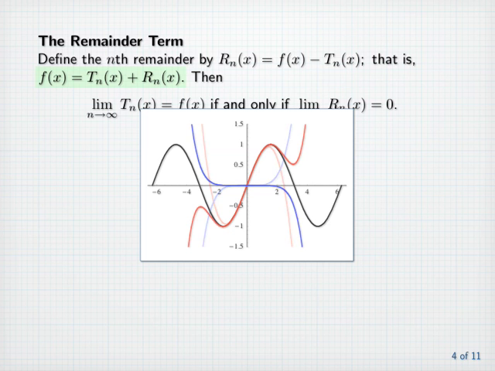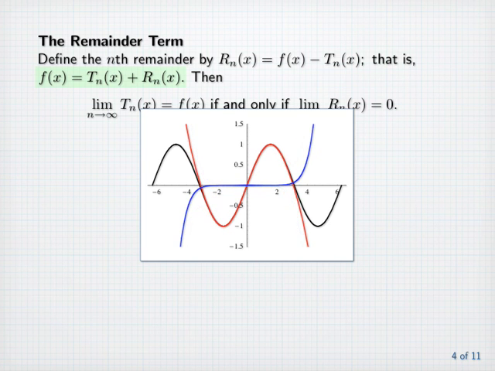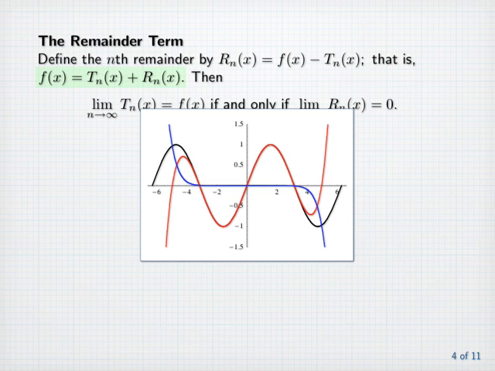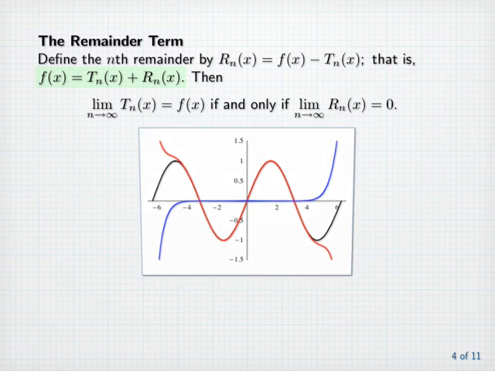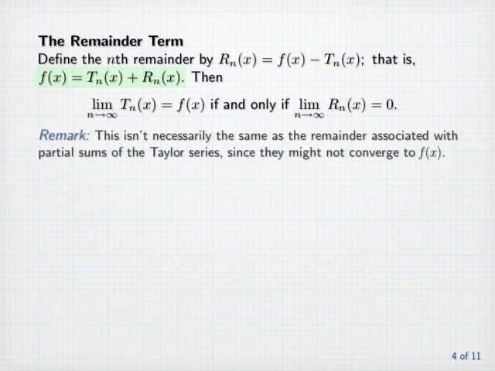Here's the fifth Taylor polynomial and the fifth remainder, the seventh Taylor polynomial and the seventh remainder, the ninth Taylor polynomial and the ninth remainder, and the 11th Taylor polynomial and 11th remainder. So at each x, as the value of the Taylor polynomials approach sine of x, the value of the remainders are approaching 0.